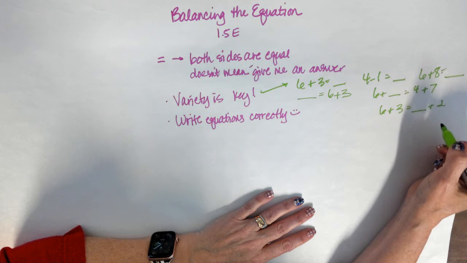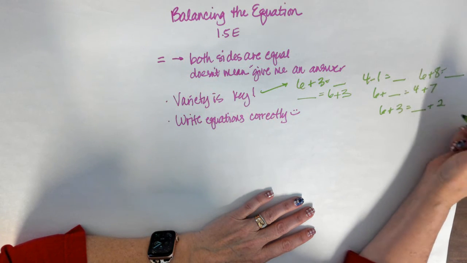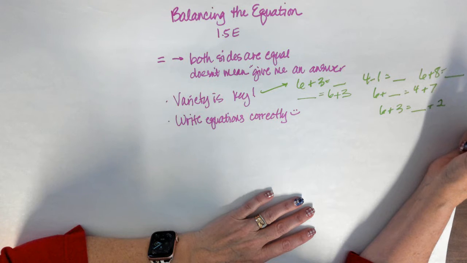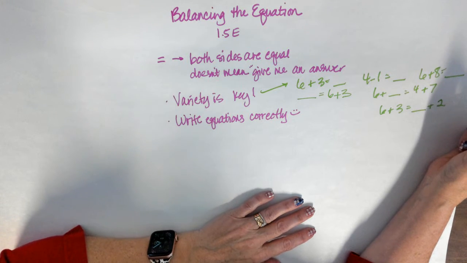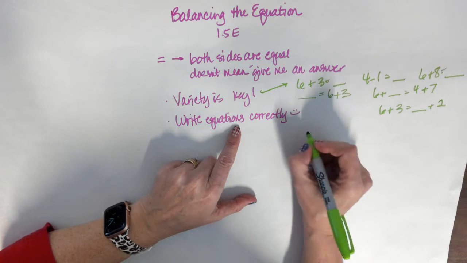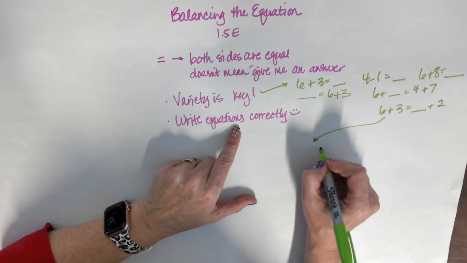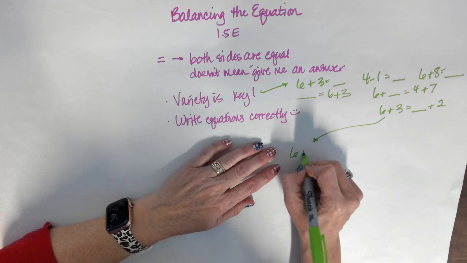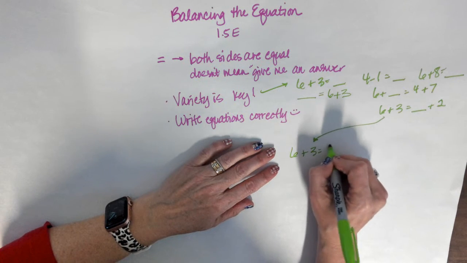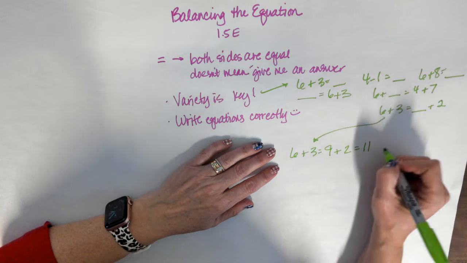What plus 2 would also equal 9? And that sounds tough for a kiddo, so we have to be careful how we model that. One of the important parts of that is how we write equations. What we don't want to do, if we were trying to help kids understand this, is write, okay, well 6 plus 3 does equal 9, plus 2 more equals 11.